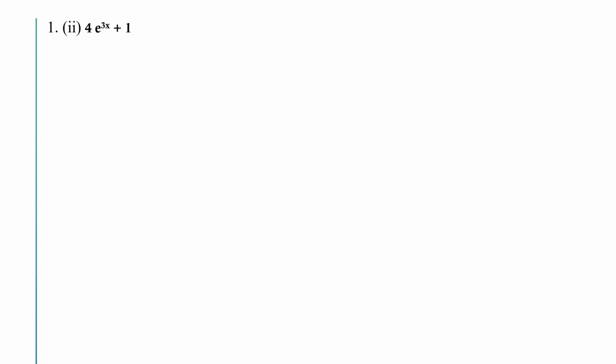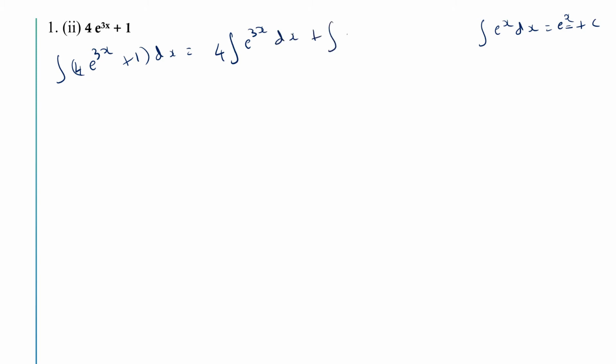The next question, 4 e raised to 3x plus 1. We know that integral e raised to x dx is e raised to x plus c. Here in place of x we have got 3x. So integral 4 e raised to 3x plus 1 into dx is equal to 4 integral e raised to 3x dx, using the property, plus integral dx.